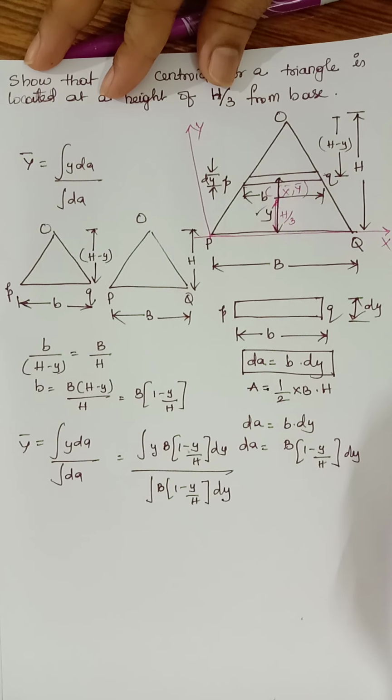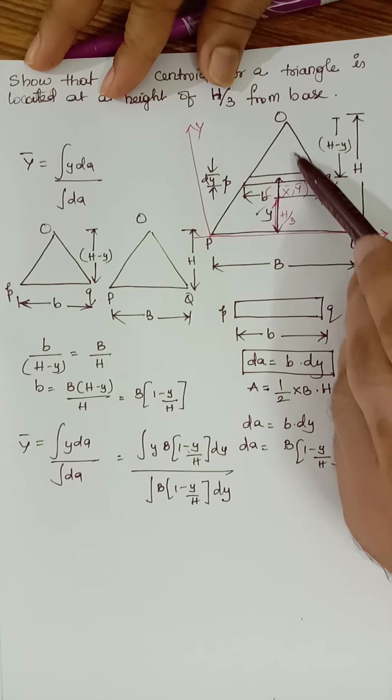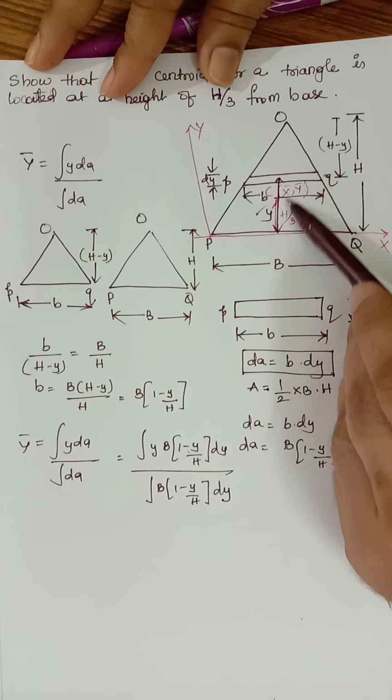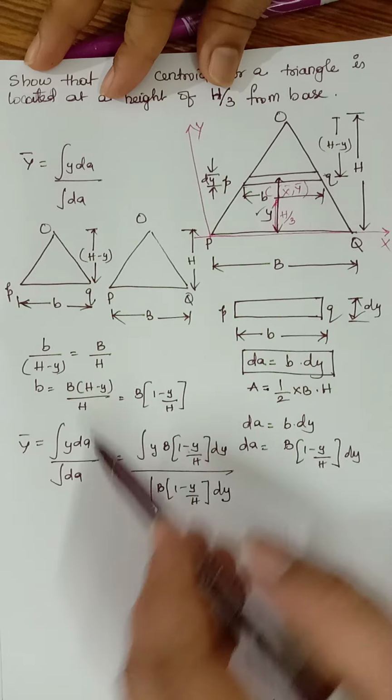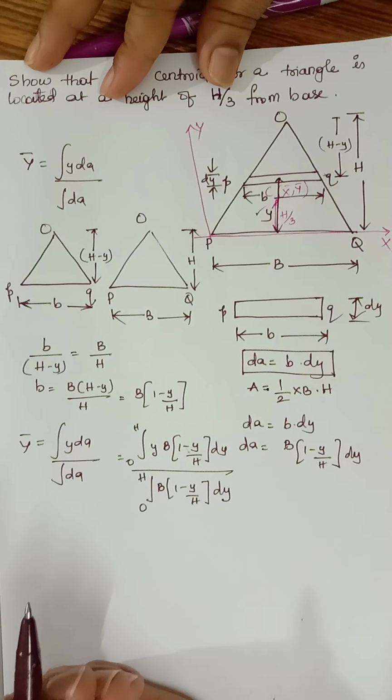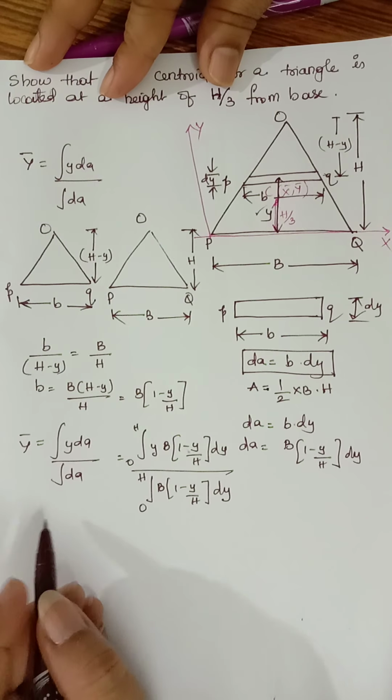The limits of integration will be from 0 to h, since the strip can move at most from 0 to capital H. As B is constant, I'll take it outside.